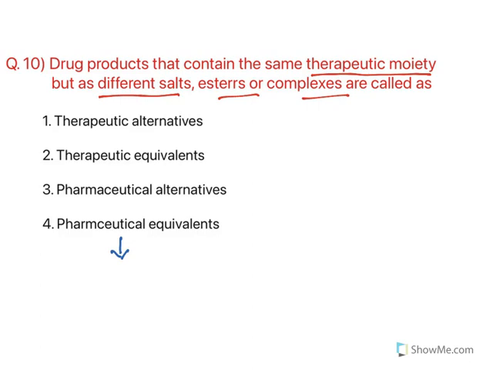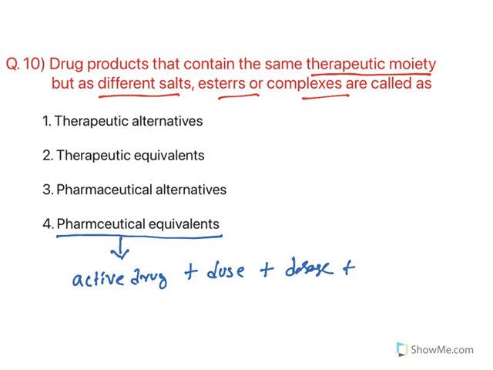Pharmaceutical equivalent means it should have the same active drug, plus the dose should be the same, and then the dosage form should be the same. So in order to be pharmaceutically equivalent, two drugs need to have the same active drug, same dose and same dosage form. Then it is called a pharmaceutical equivalent.